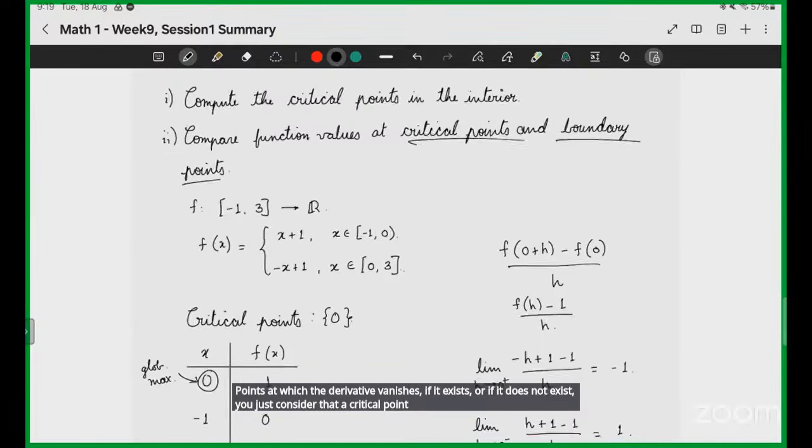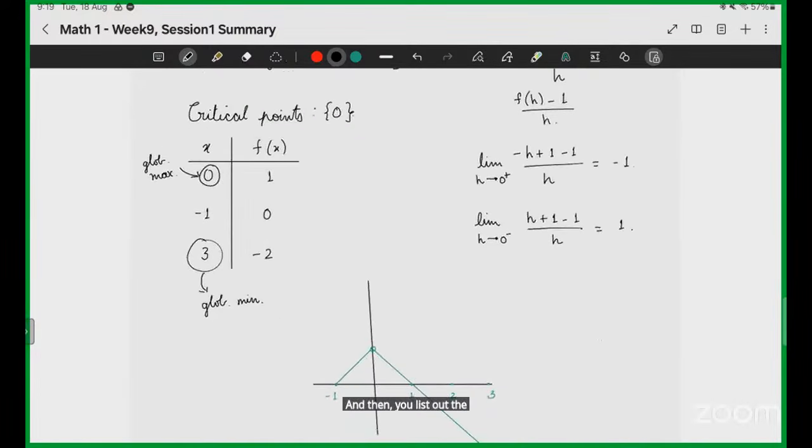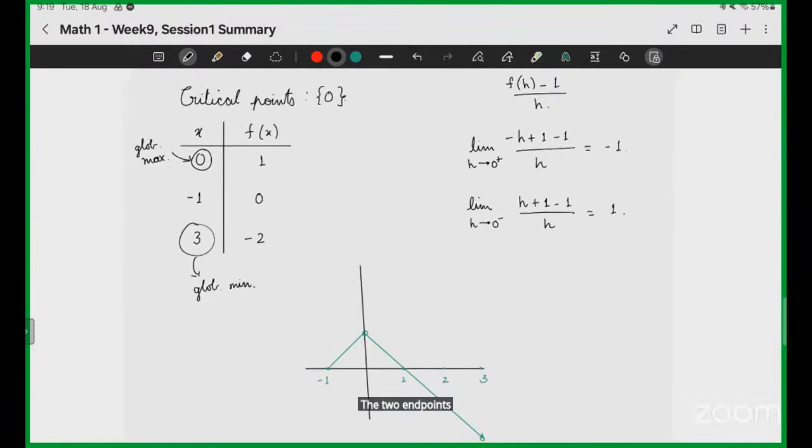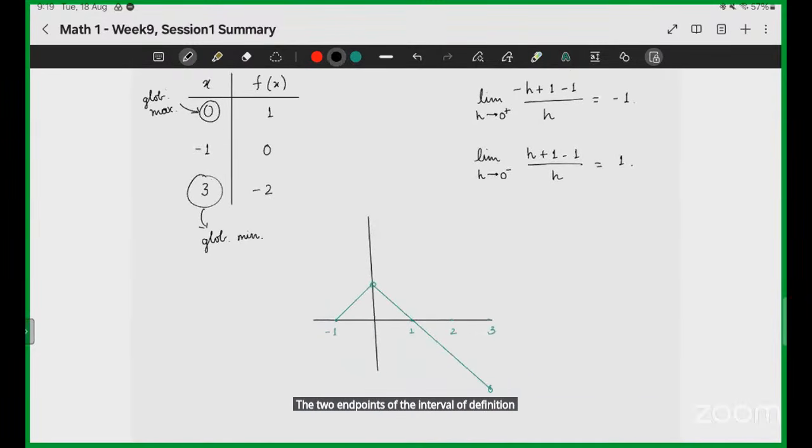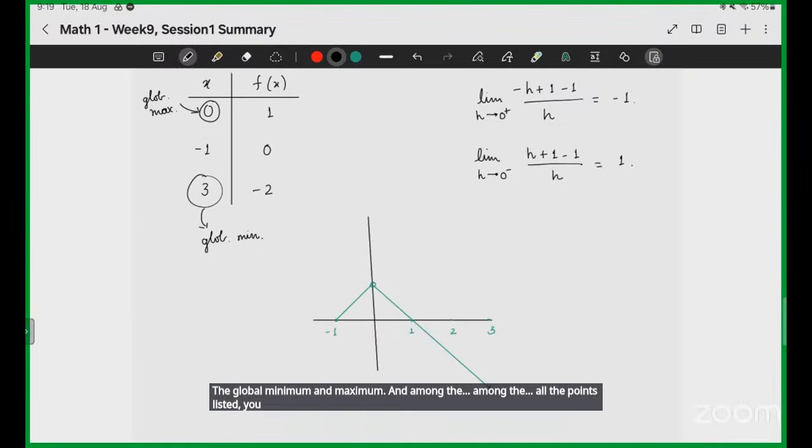And then you list out all the function values at the critical points, and also 2 extra points, which are the 2 endpoints of the interval of definition. So this gives you the global minimum and maximum. Among all the points listed, you just pick the minimum and maximum.